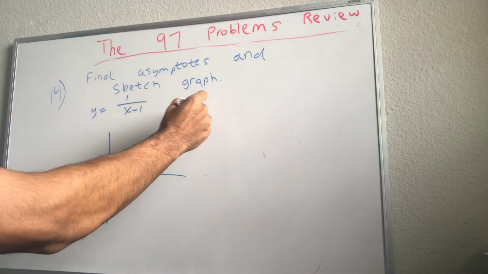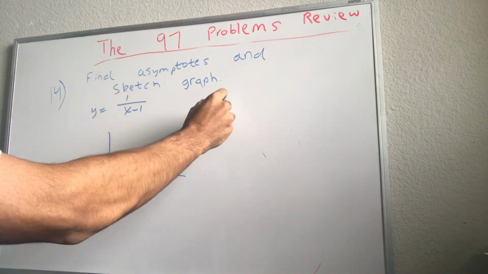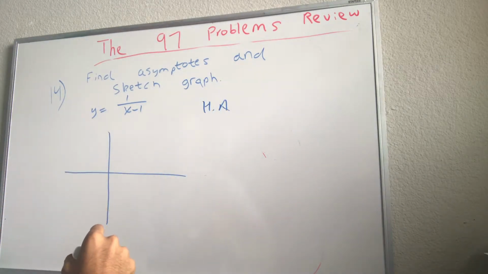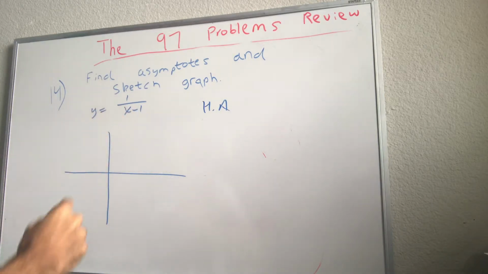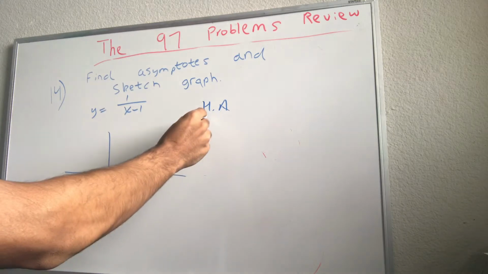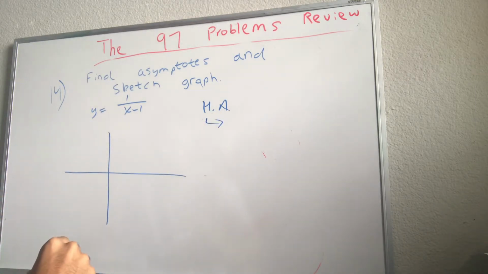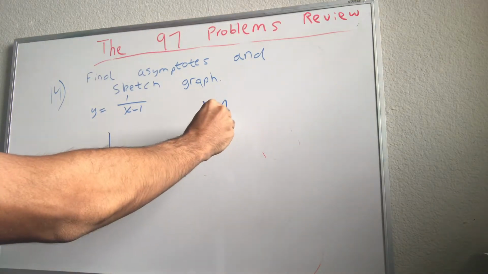So let's just look at the horizontal asymptote. If you recall, for a horizontal asymptote we are looking at the coefficients and the degrees. We know here that the degree of the numerator is less than the degree in the denominator. Therefore, the rule states that your horizontal asymptote is y is equal to 0.